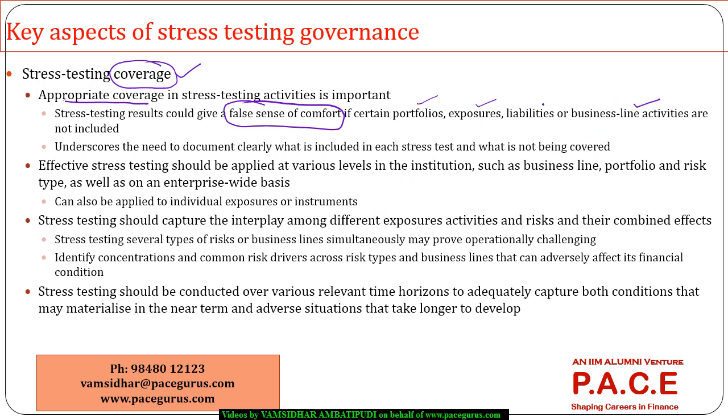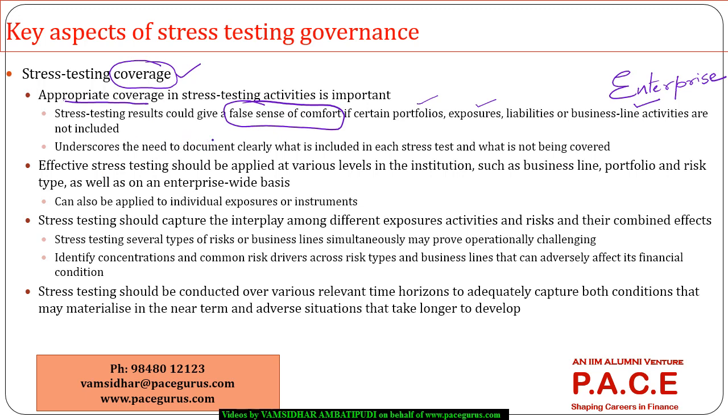So I'm not looking at an enterprise level or an integrated level, but more of a department level kind of stress test. In those cases, the coverage is not adequate, and because of that, I may get a false sense of comfort that not too many risks are coming out as a part of my process.